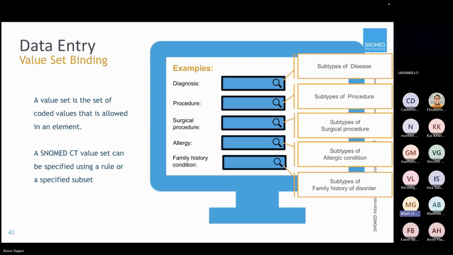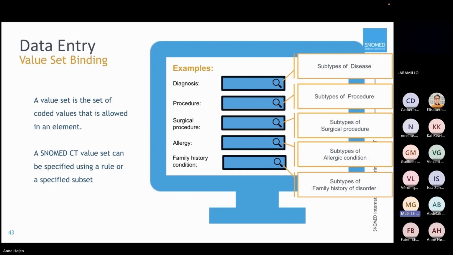So this shows just an example that you can constrain a field. So for a diagnosis field, you want to exclude anything that is not a diagnosis. So you would, in SNOMED CT, include the subtypes of the concept disease. In a procedure field, you wouldn't want to be able to record body structures or diseases. You want to just record procedures. So you should constrain that field to procedures.